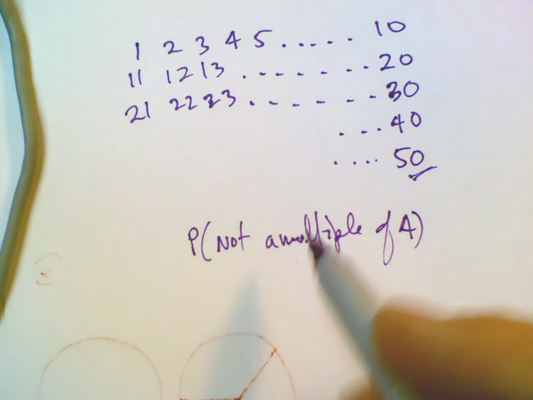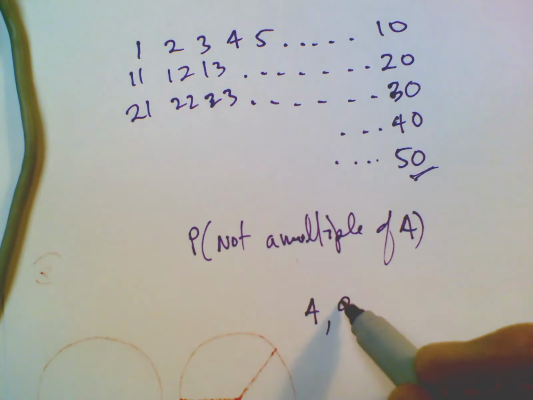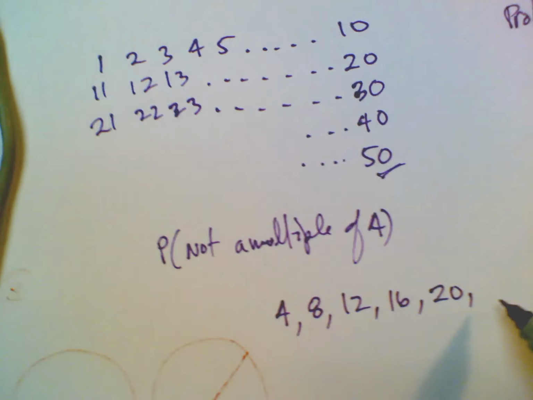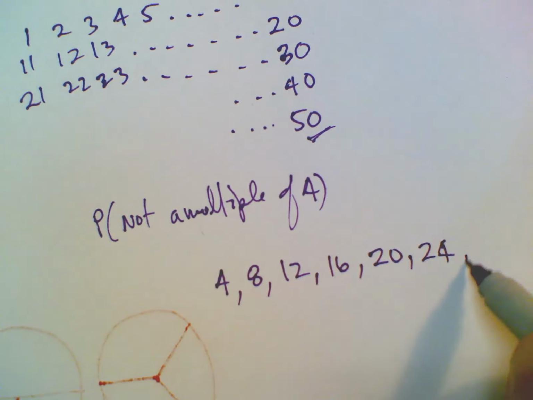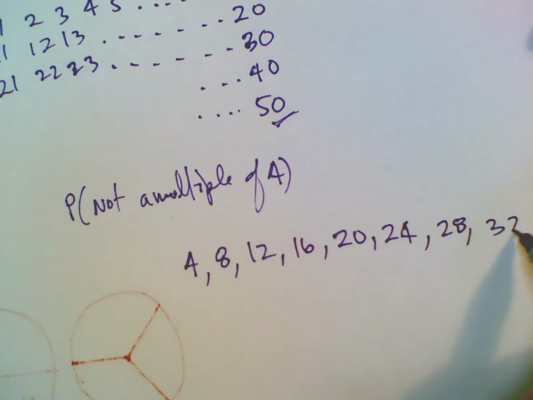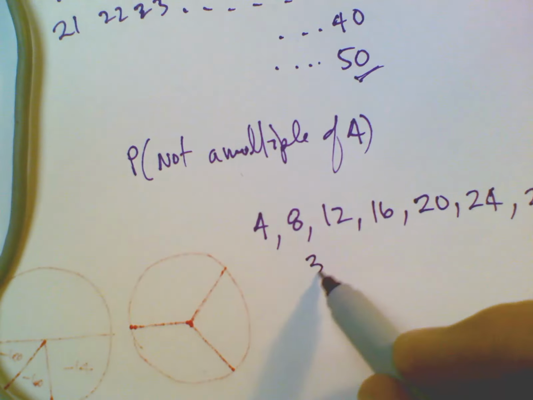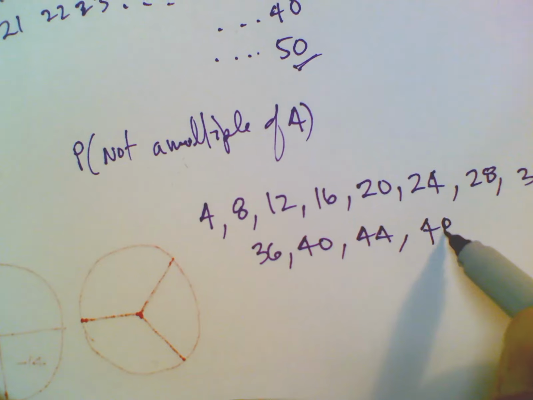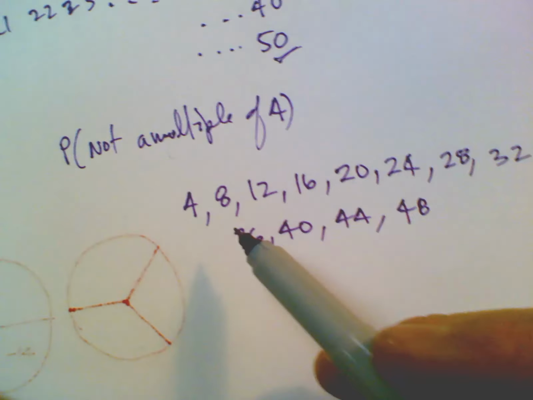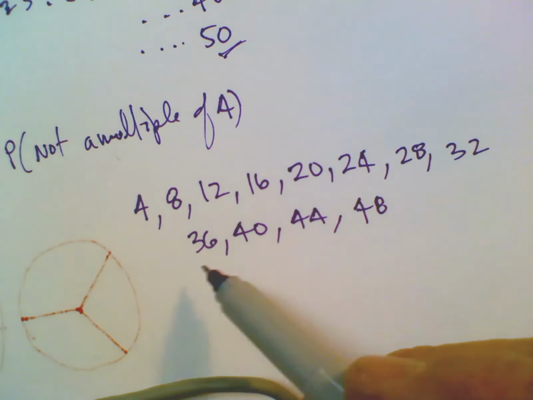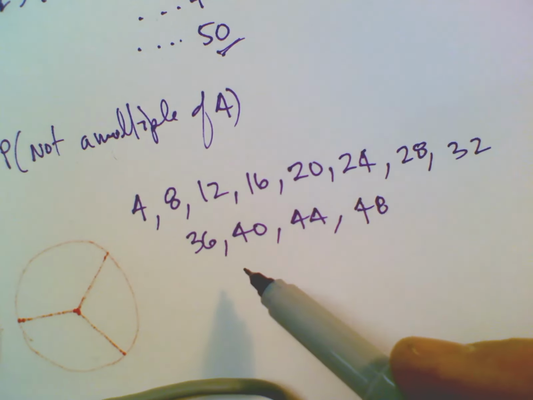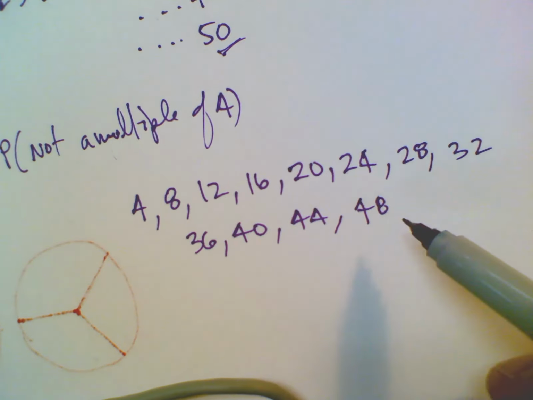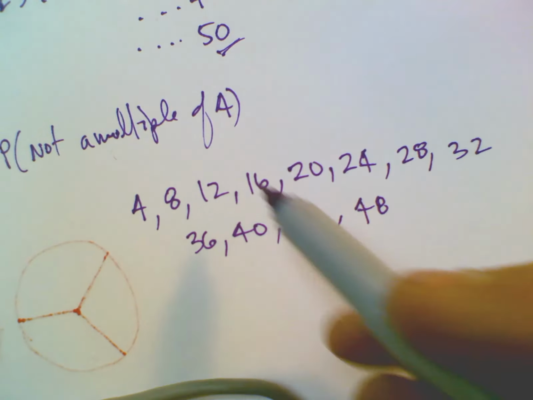If I look at the number chart, you've got 4, 8, 12, 16, 20, 24, 28, 32, 36, 40, 44, 48, and that's it. So those are my multiples of 4 within 1 through 50. How many are there? 1, 2, 3, 4, 5, 6, 7, 8, 9, 10, 11, 12. So there's 12 multiples of 4.